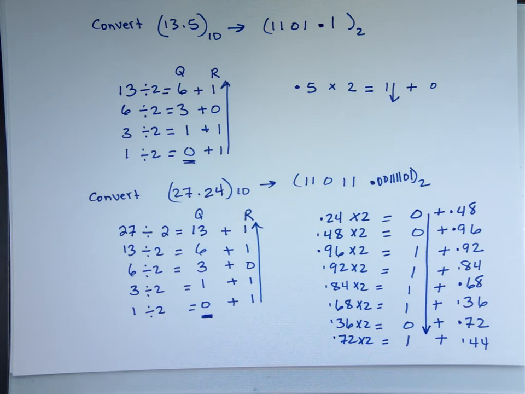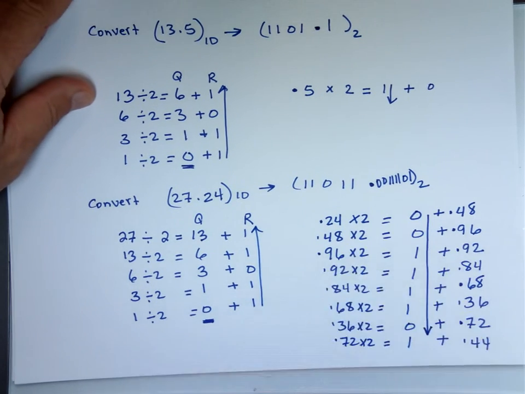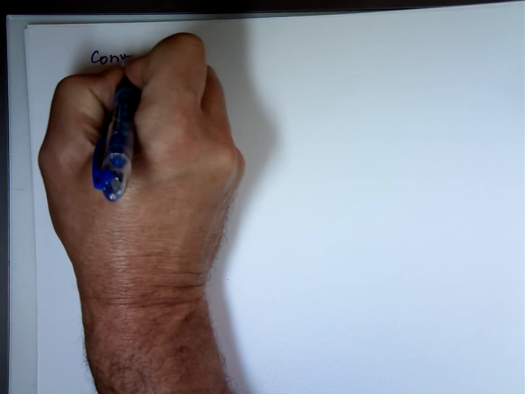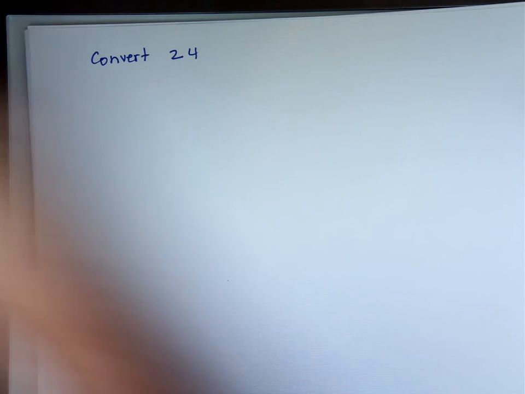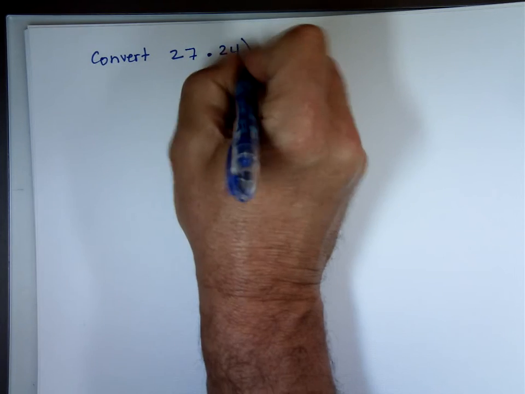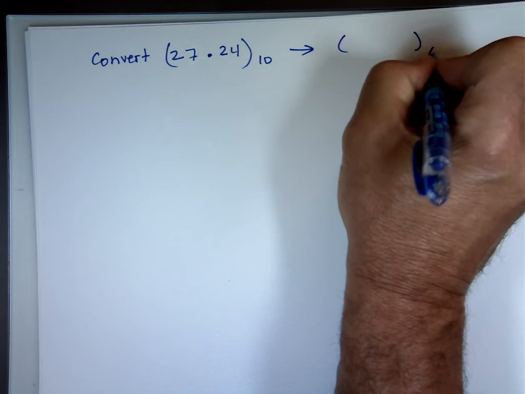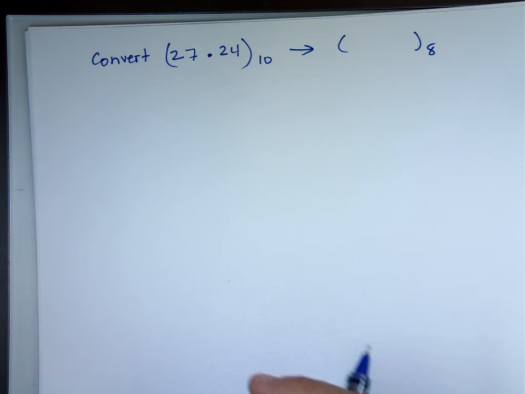Instead of base 2, if I want to convert these to base 8, we'll take the same example. Convert 27.24, that's base 10, and I'm going to convert that to base 8.